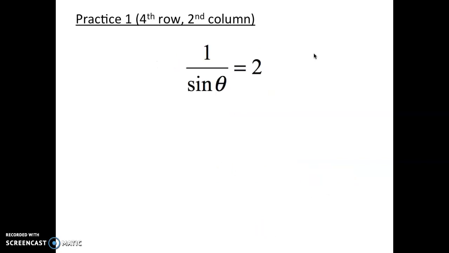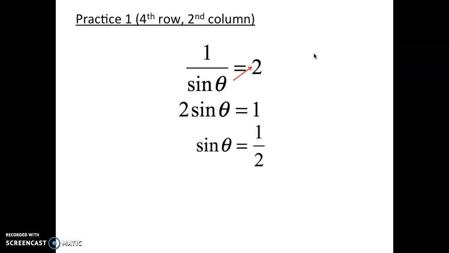Let's go on to the third question. This is in the fourth row, second column. 1 over sine theta equals 2. Right now, sine theta is in the denominator, so we need to bring it to the numerator first, and to do so, we'll cross multiply. This will give us 2 sine theta equals 1.